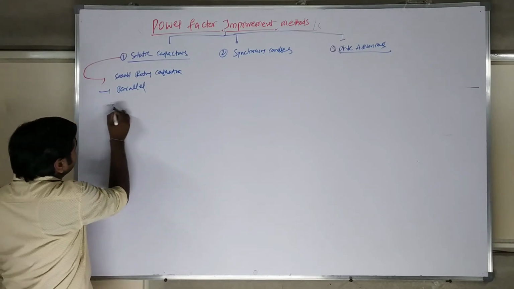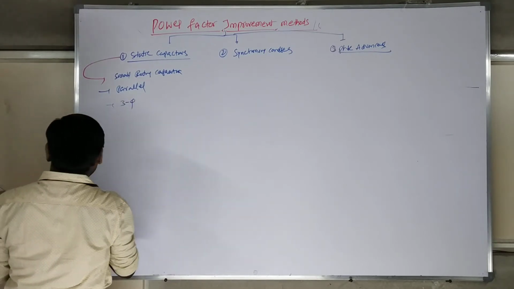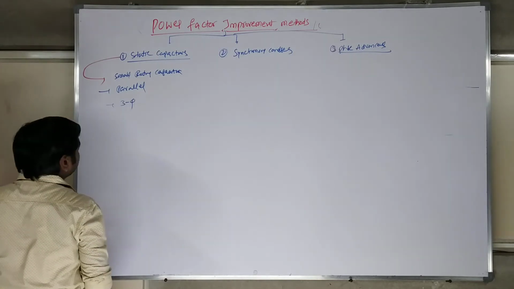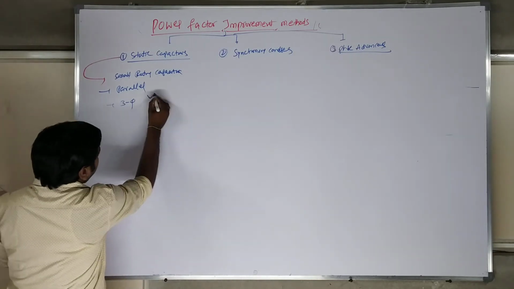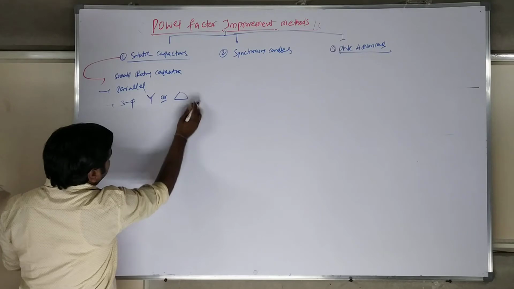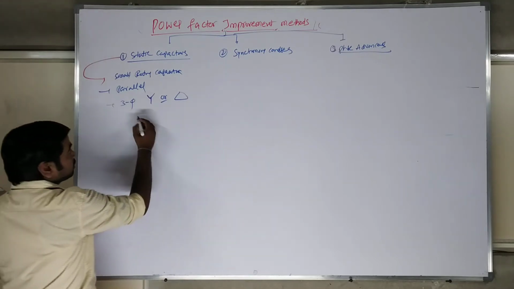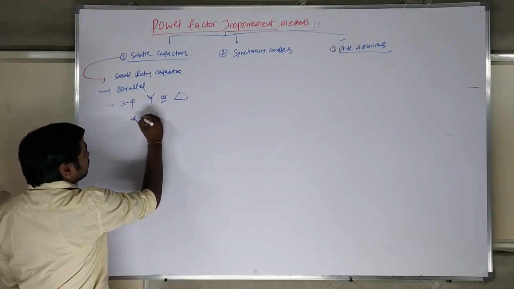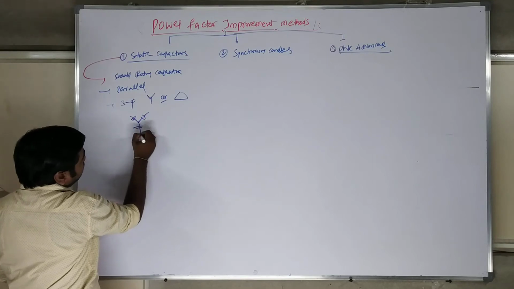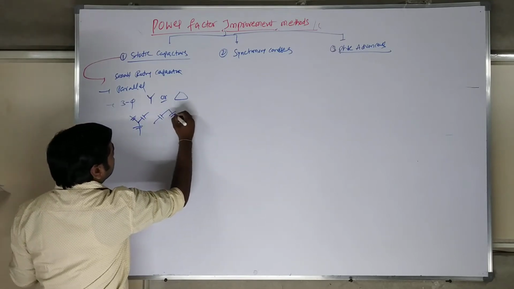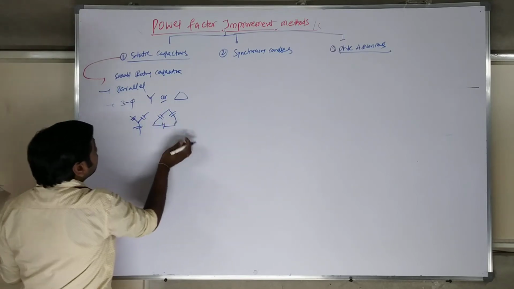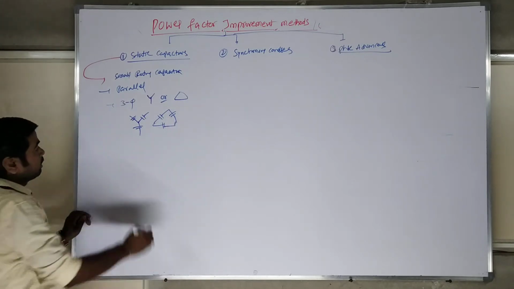For a three-phase power supply, we connect the capacitors in a star model or a delta model, like this. This will be connected parallel to the line.